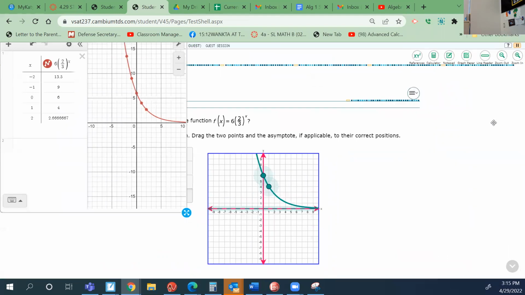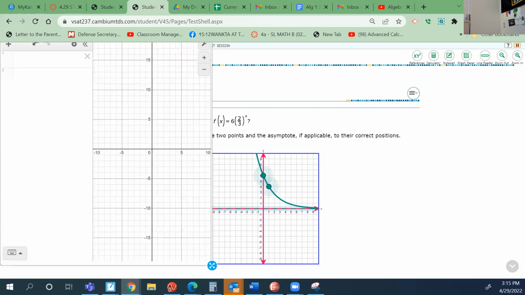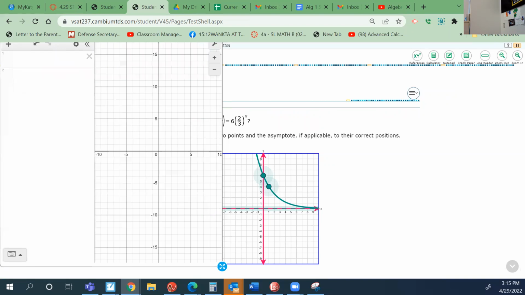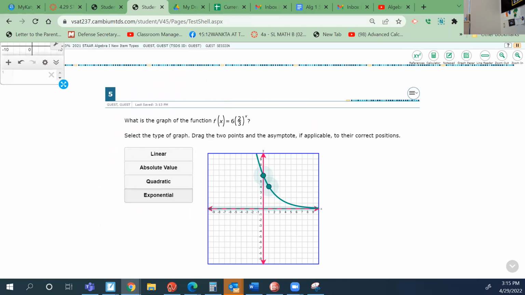It's not getting me there. Oh my gosh. Okay, let me pause this and come back and clear this up. It's taking too long to do that.